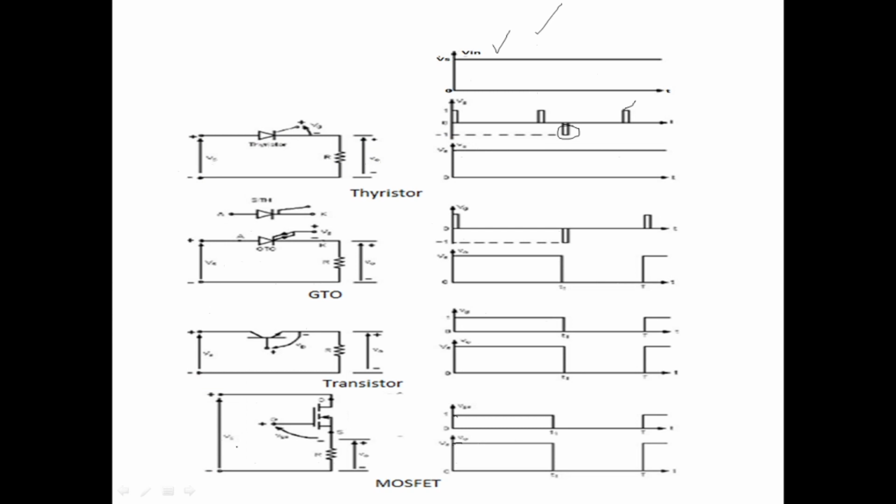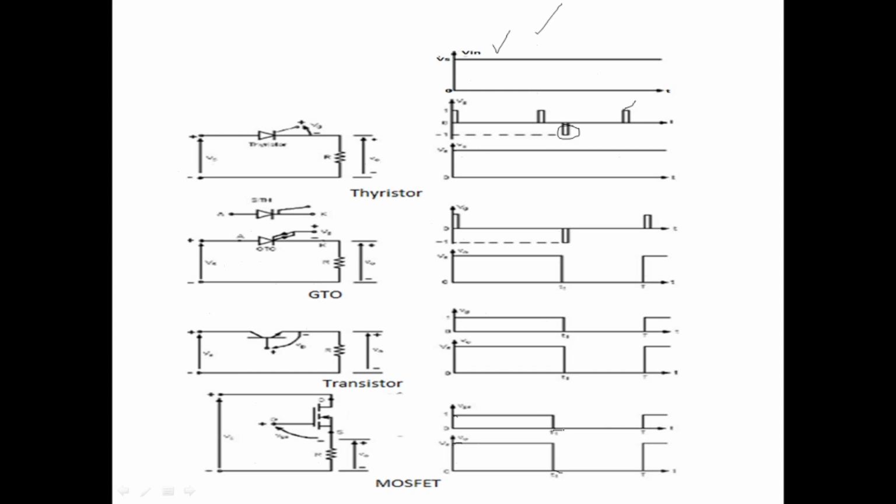No current will come from input to load, so load voltage is 0. The load is detached from the source. Here also, to keep the MOSFET in on state, we should retain the gate source voltage. If you want to turn off the MOSFET, you just remove the gate source voltage, or make it 0.